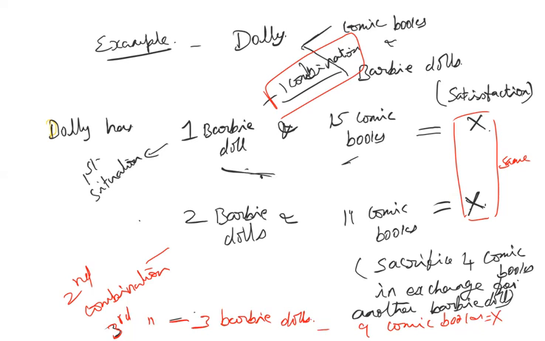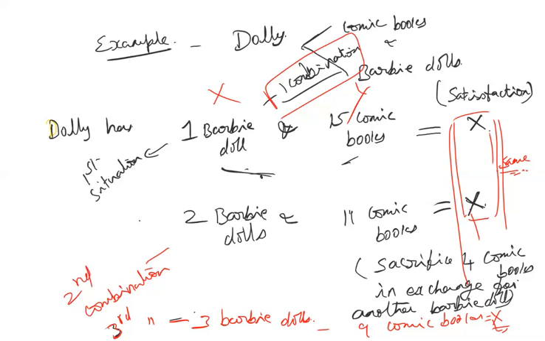So we have different combinations. What we are finding is that the total satisfaction is remaining the same, irrespective of the differences in the quantities of each of these commodities, X and Y. That is the way normally the consumer would like to trade off one commodity for another commodity.